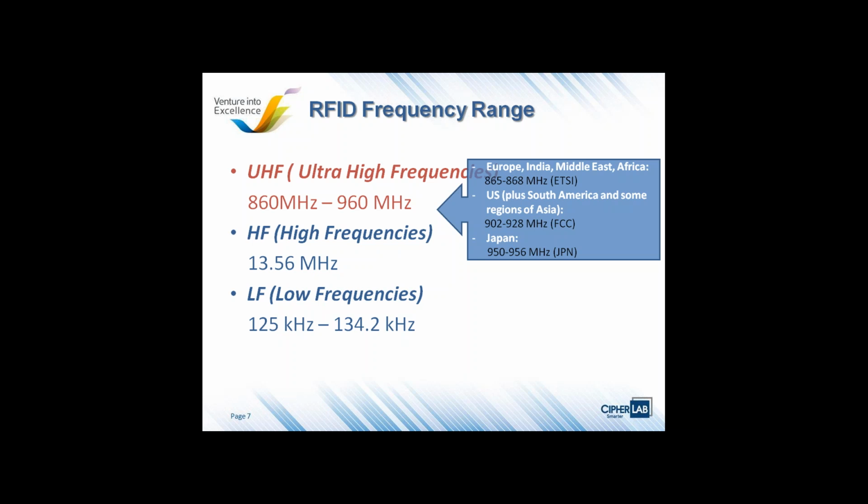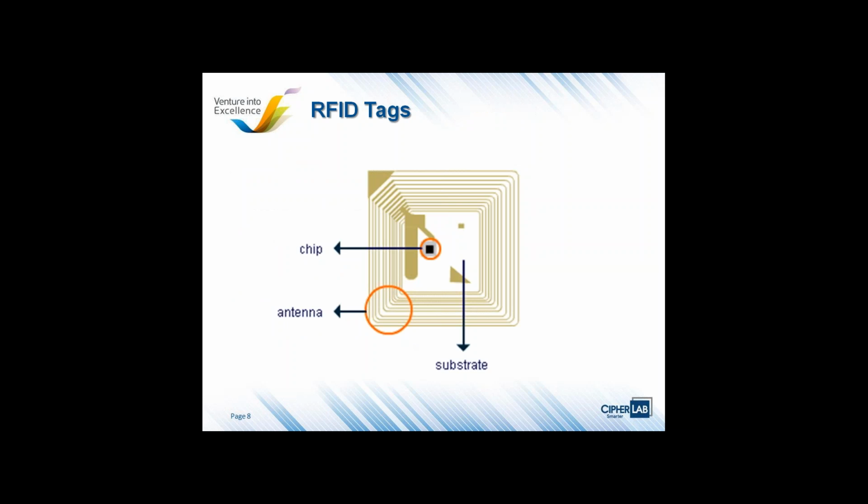And high frequency is 13.56 megahertz. Okay. And this is low frequency. So this is the diagram of an RFID tag.